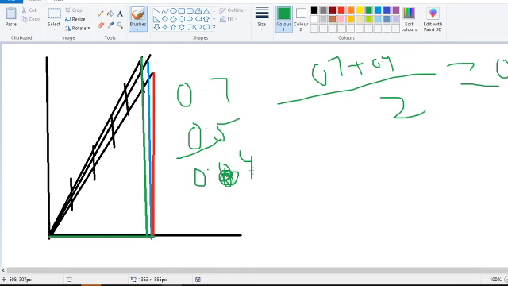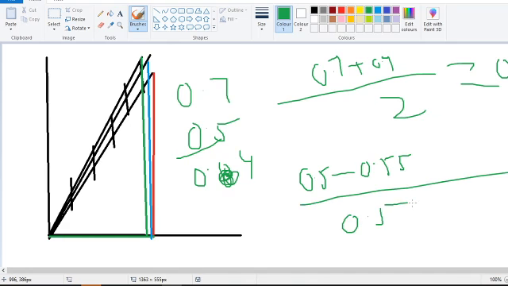As far as the formula for the percentage uncertainty, it would be the best line of best fit minus the worst line of best fit, over the line of best fit, times 100. So 0.5 minus 0.55, over 0.5, and then times 100. That would be minus 10%. So that's plus or minus 10% for the percentage uncertainty.